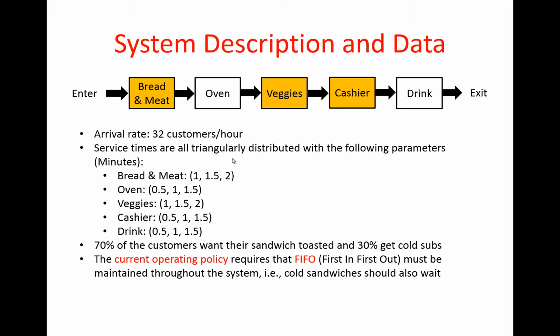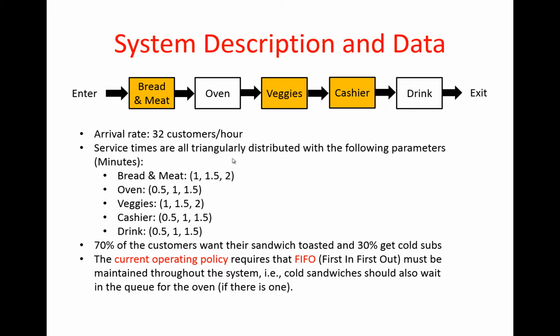However, the current policy requires that we maintain FIFO throughout the system. In other words, customers that get cold sandwiches still need to wait in the queue at the oven station for those customers that are waiting for their sandwich to be toasted. So passing is not allowed in the current operating policy.